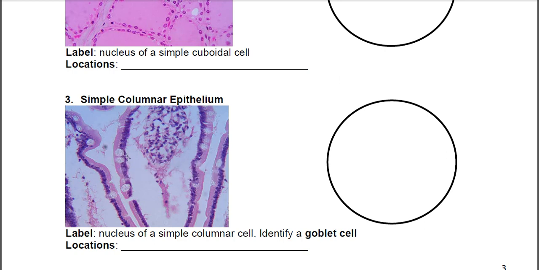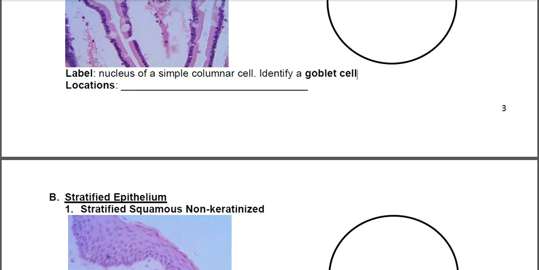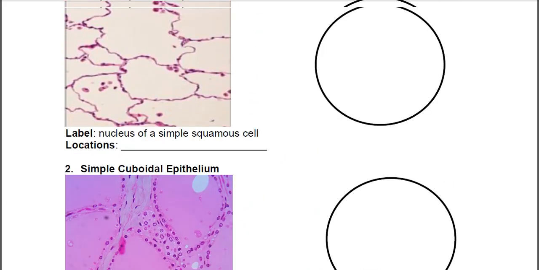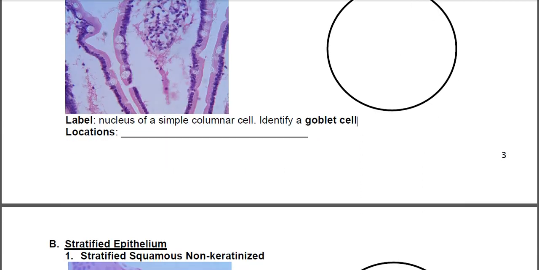And then if you look where it meets here, some of them will have a stem. You can see a cup and a stem there. The goblet cells make mucus, and then they dump that mucus through the stem out into this open area here. So those are our three types of simple epithelia.